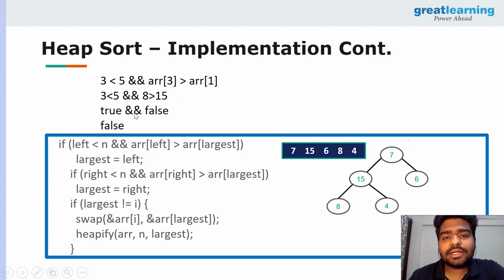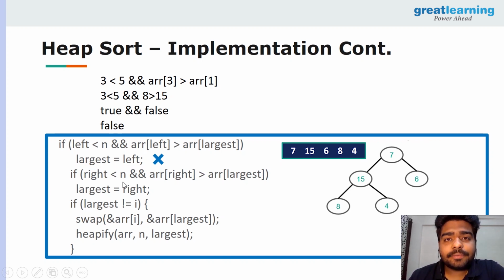So it results in false. That means this statement, largest equal to left, will never work. That means we have to ignore this statement, just ignore it because my condition is wrong, right?